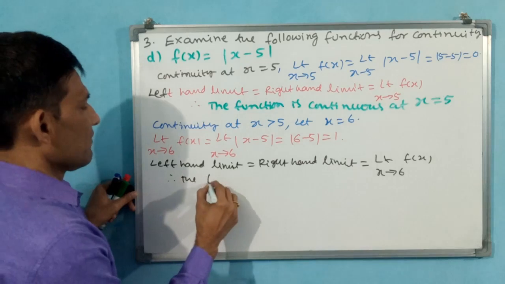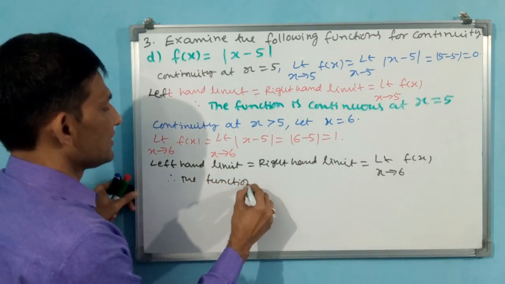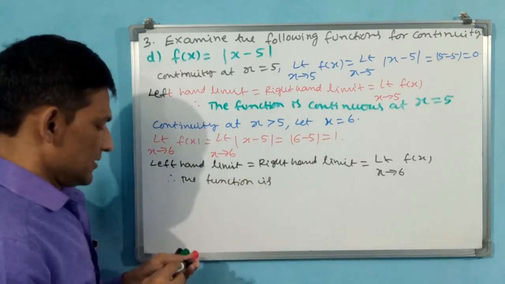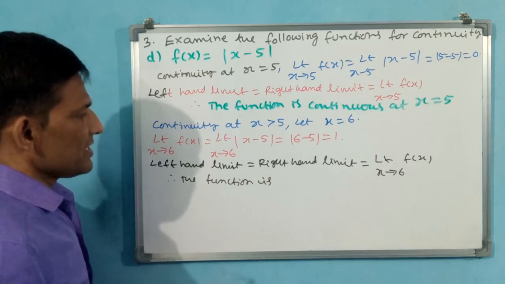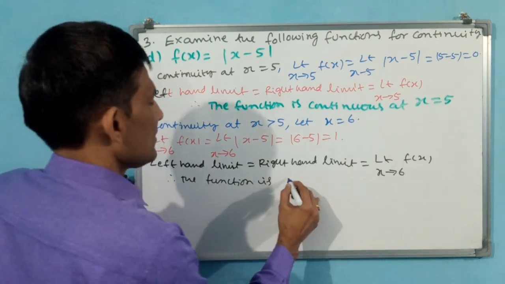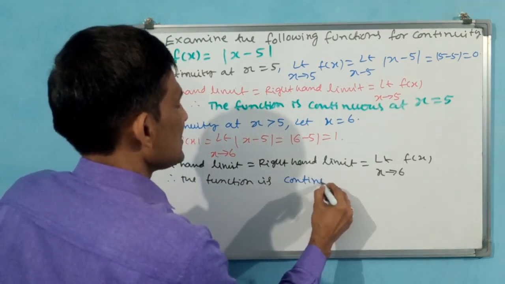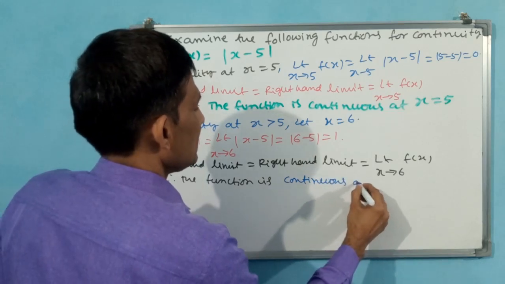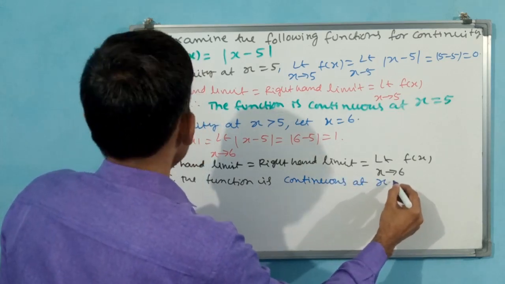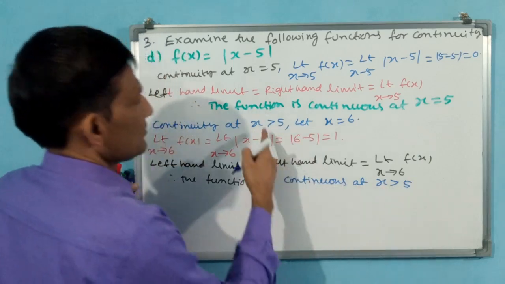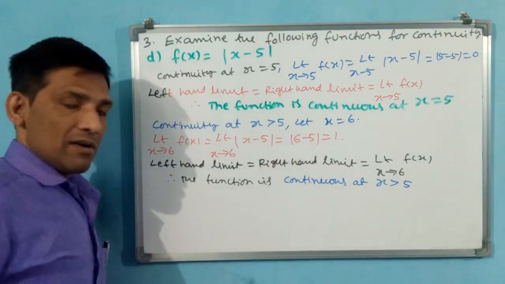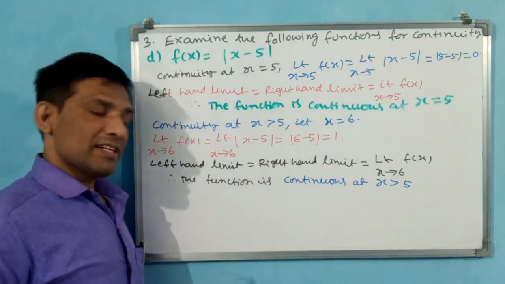Therefore, the function is continuous at x is greater than 5. Okay, not at x is equal to 6, but continuous at x is greater than 5.